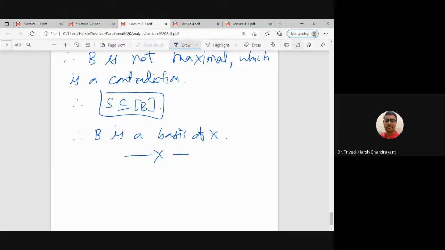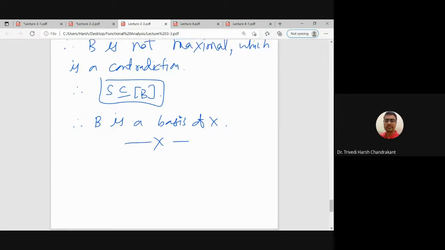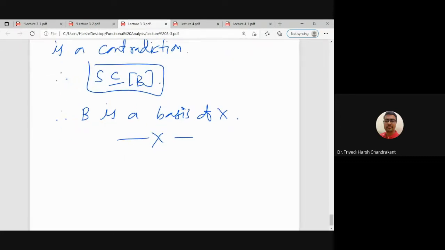So this proof will give us a corollary which we can use to find a basis for a vector space. So let us write down the corollary.